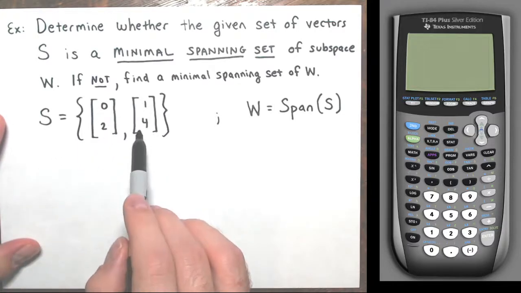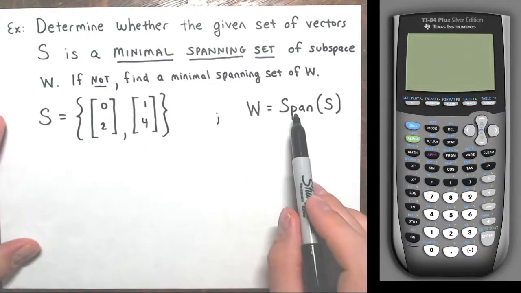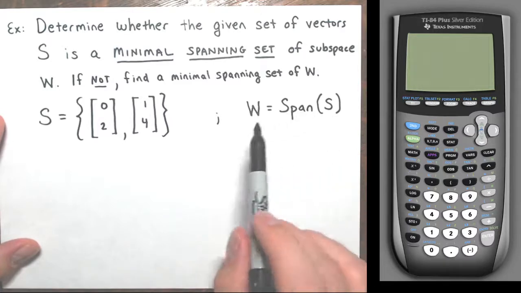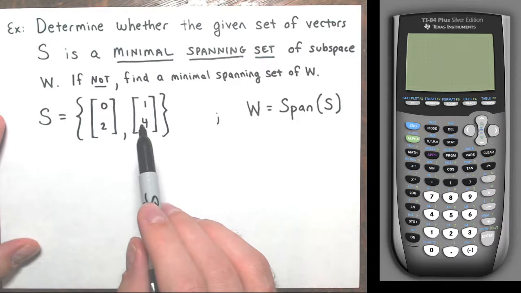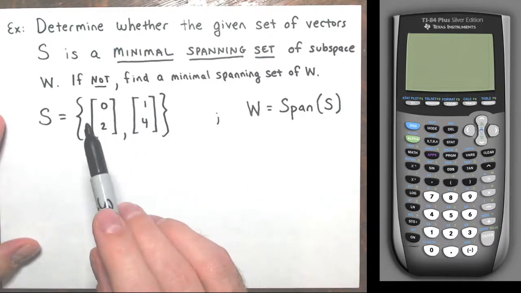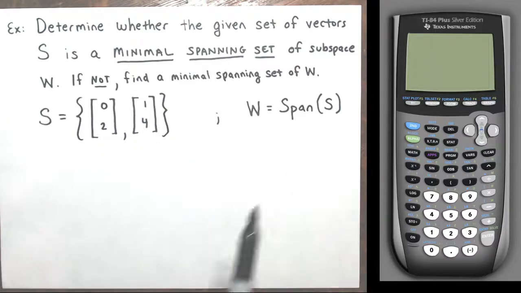All right, so here I'm given a set S of vectors in R2: (0, 2) and (1, 4). And W, the subspace, is the span of S, right? So W is all of the linear combinations of these two vectors. Every vector in W is a scalar times (0, 2) plus a scalar times (1, 4). That's what it means to be the span of a set.